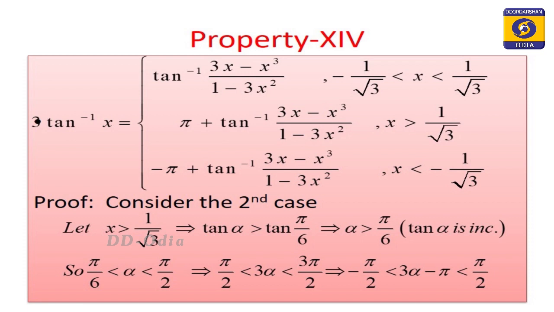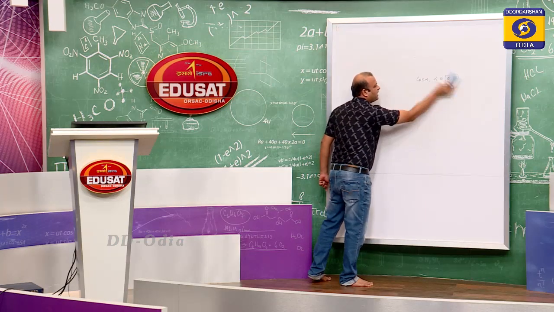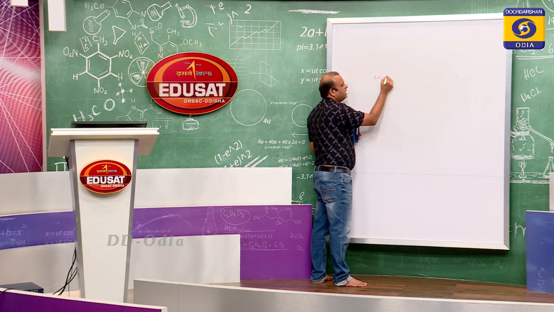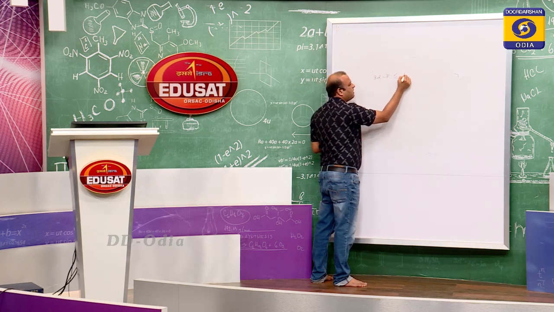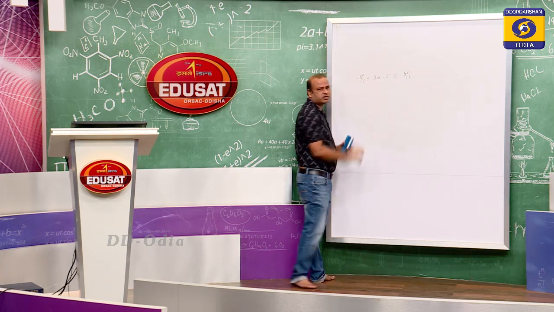Now 3 alpha minus pi lies between minus pi by 2 and pi by 2. We have discussed this one.